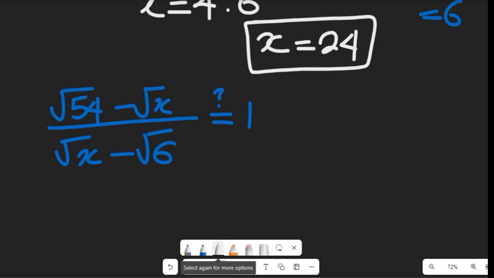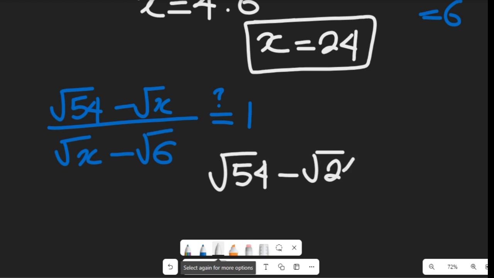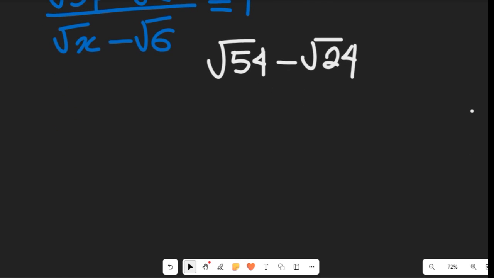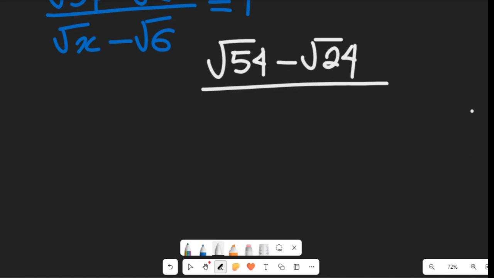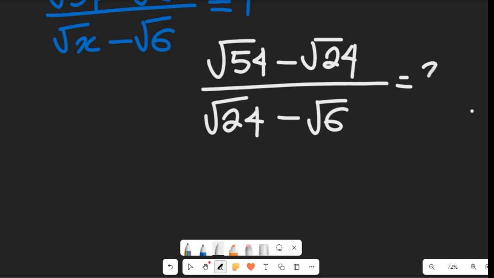Now, if we insert the value of x equal to 24, can we get that expression? The square root of 54 minus the square root of x, which is 24, divided by the square root of 24 minus the square root of 6. Is it going to give us 1?